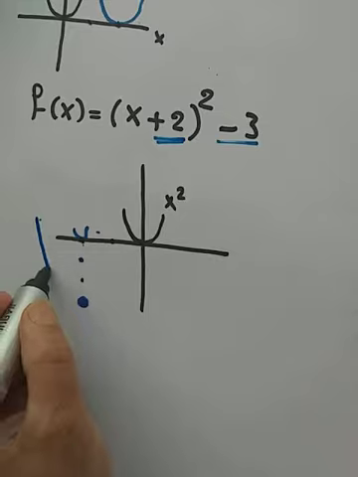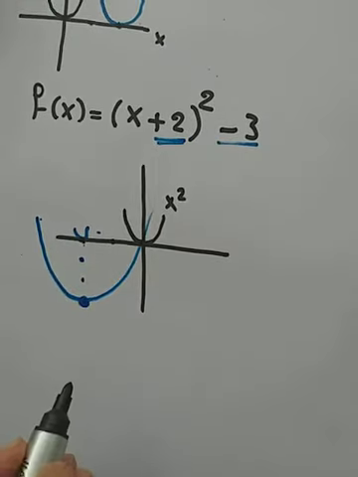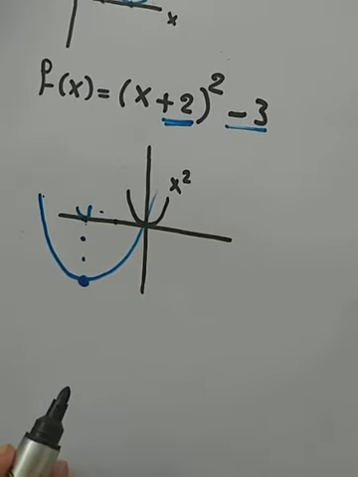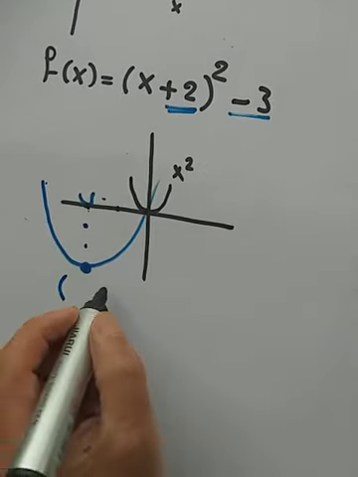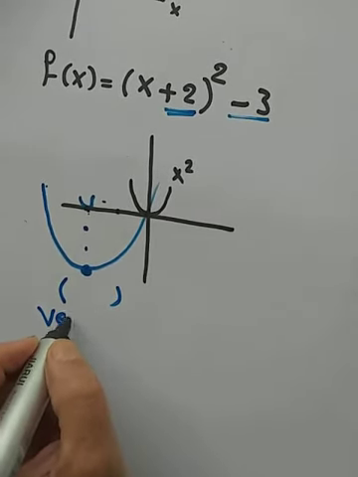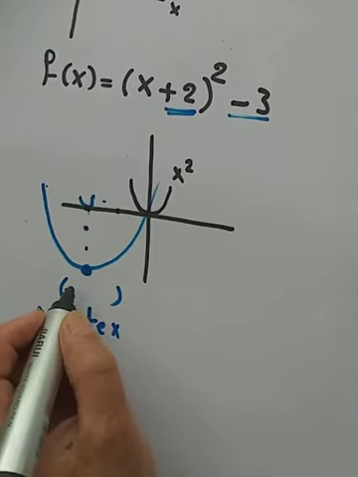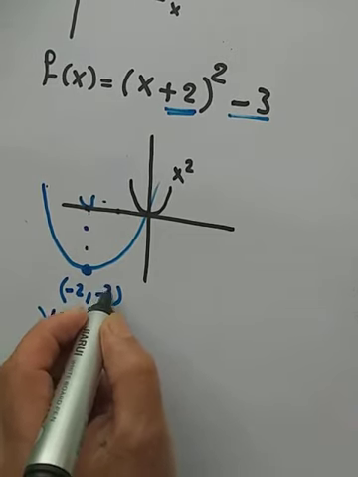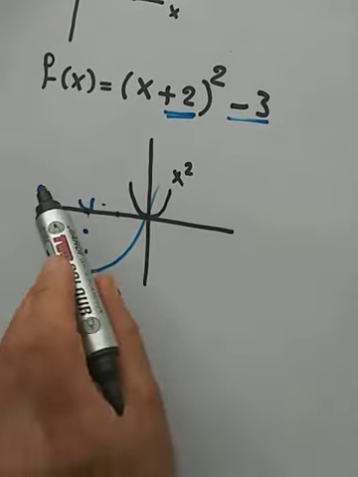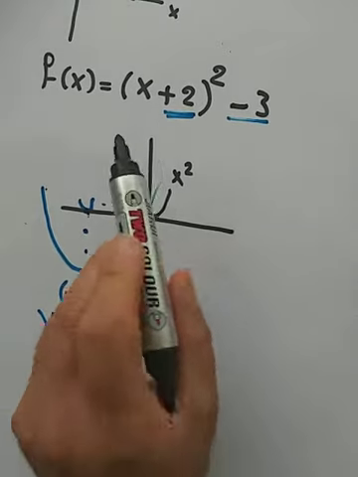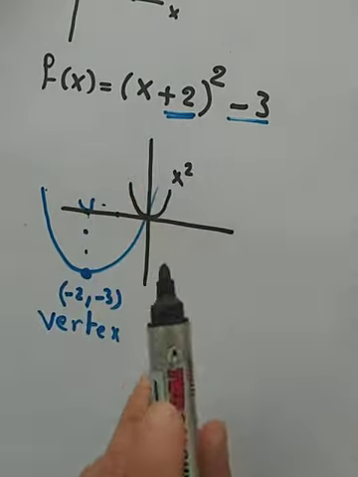Then the final graph will be this one. And this point, the vertex, is negative 2, negative 3. The blue one is the graph of x plus 2 all squared minus 3.